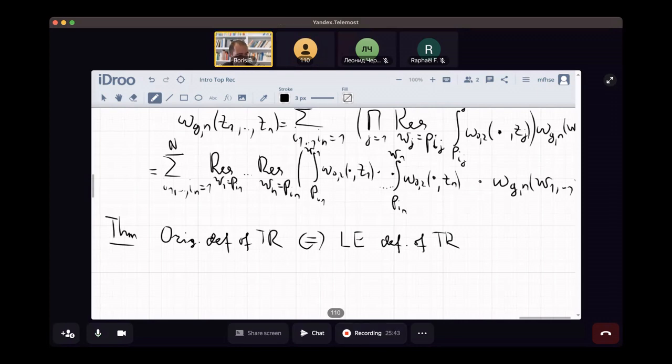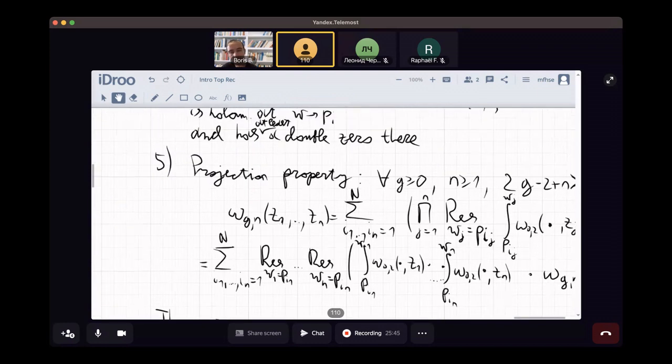Okay. And one small comment is that one can consider a weaker form of topological recursion. Namely, suppose that this last condition does not hold, and you only impose the first four conditions. Then the resulting conditions are also interesting, and they correspond to what's called the blobbed topological recursion.